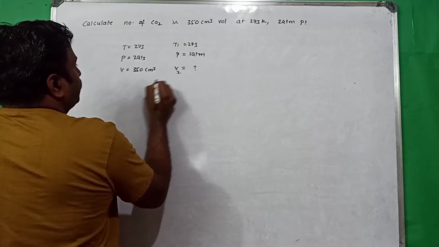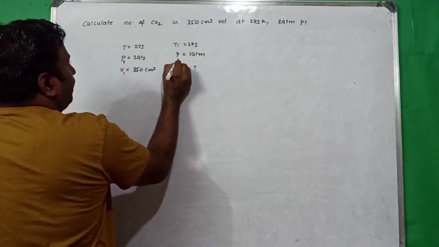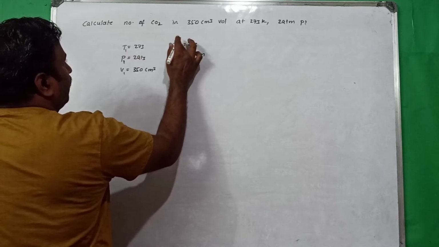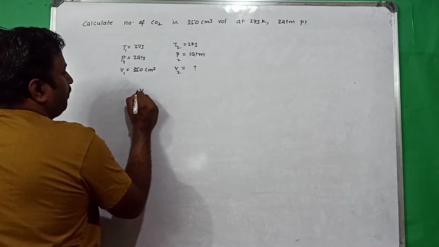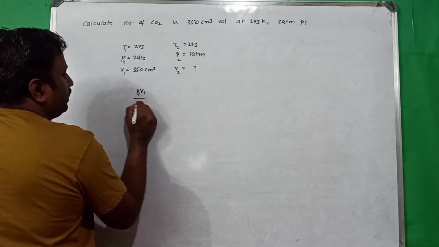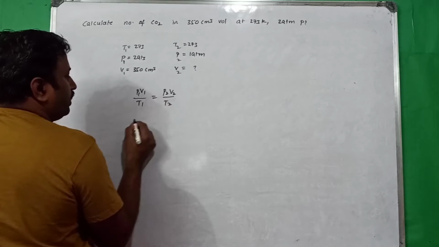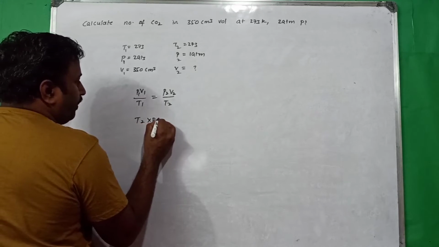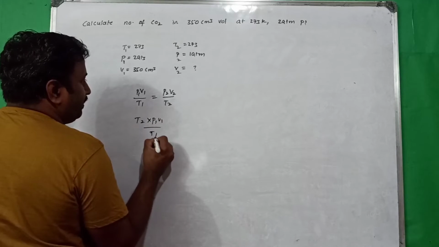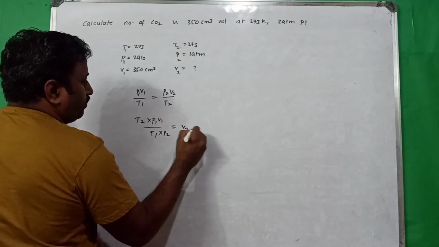So take this as V1, P1, T1 and V2, P2, T2. Now P1 V1 by T1 is equal to P2 V2 upon T2. Then T2 into P1 V1 by T1 into P2 is equal to V2.